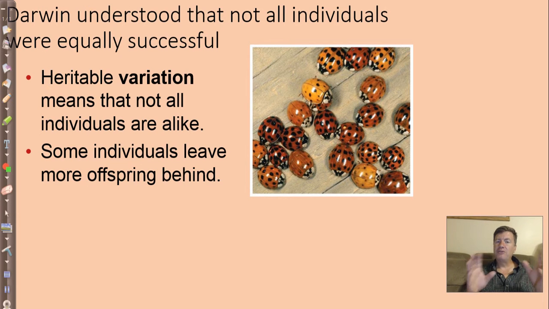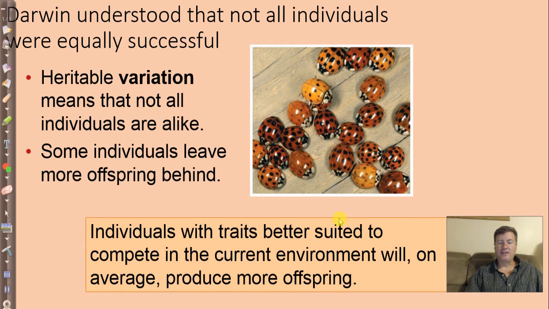Okay, now maybe you can start to see this shaping up. If individuals are different, and some individuals leave a lot of offspring behind because of the traits they possess, and some individuals leave less offspring behind because of the traits they possess, that takes us to this idea that individuals that have traits that are better for an environment compete better, use resources better, and leave more offspring.